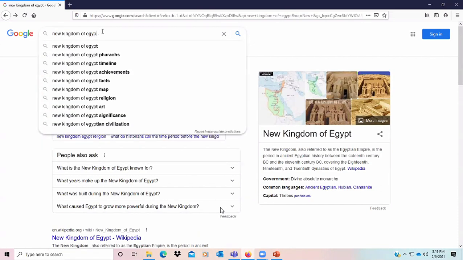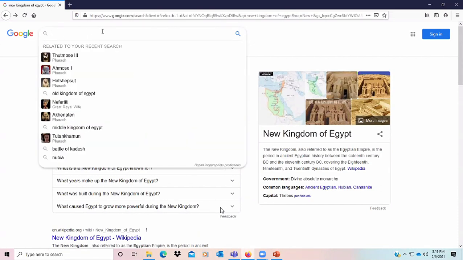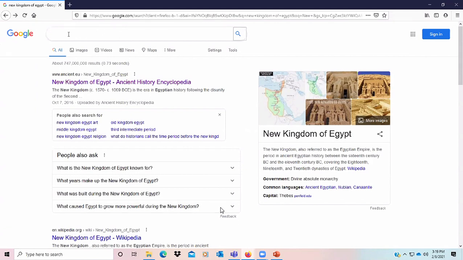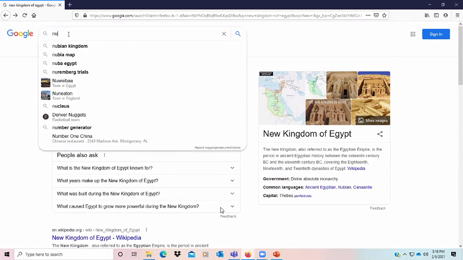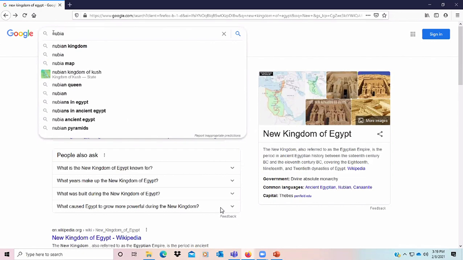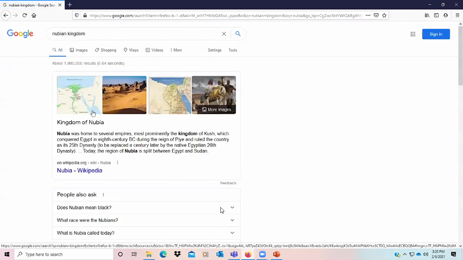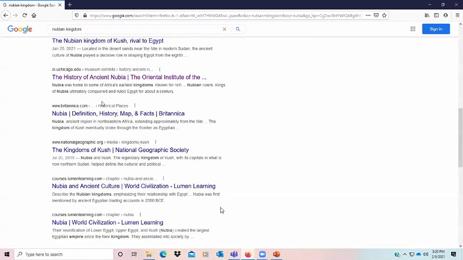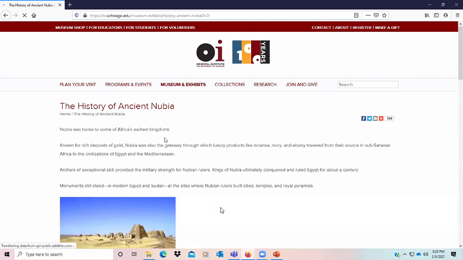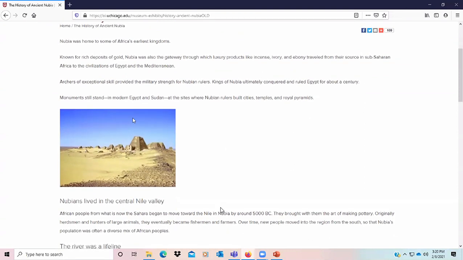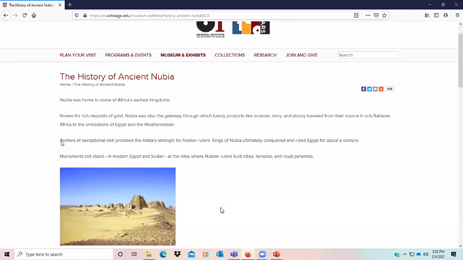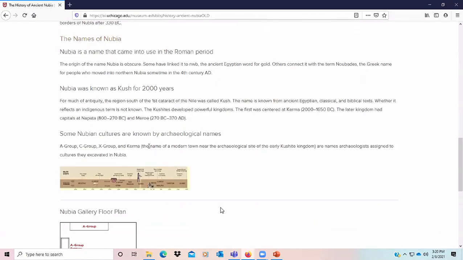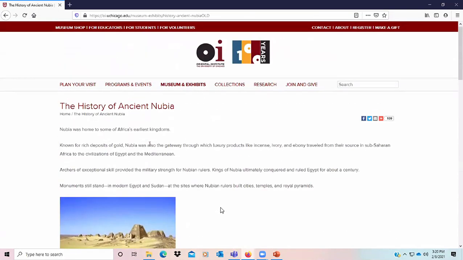Because if you go to this place called Nubia, right? The Nubian kingdom. This is Nubia. Nubia was also part of Egypt, but this part of Egypt was controlled by Black people. And today that is part of the Sudan.